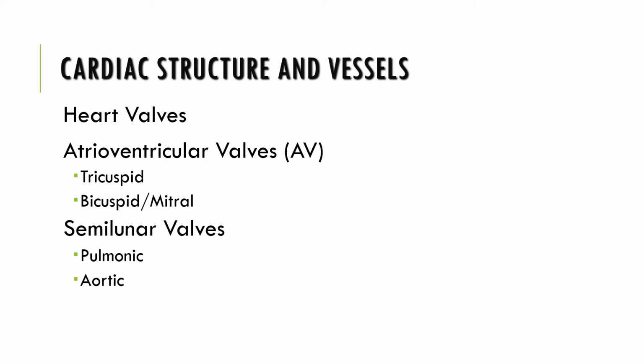So tricuspid's on the right side, bicuspid or mitral is on the left side. Then you have your semilunar valves. You have your pulmonic, which opens to the pulmonary arteries, and you have your aortic, which opens to the aorta. Your mitral and aortic valves are the ones that are replaced most often.